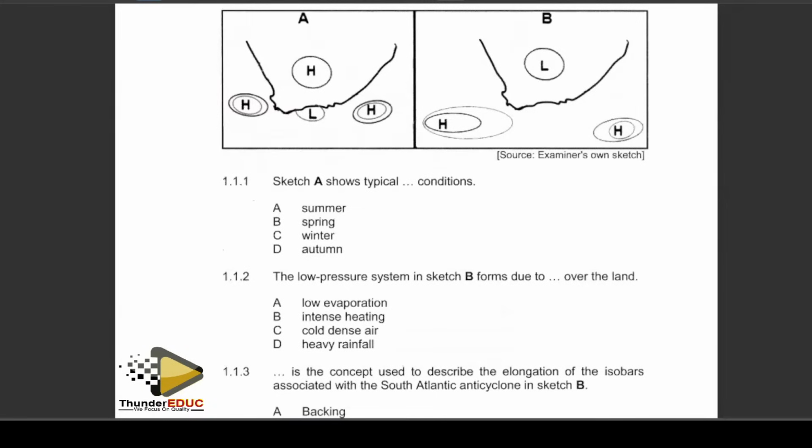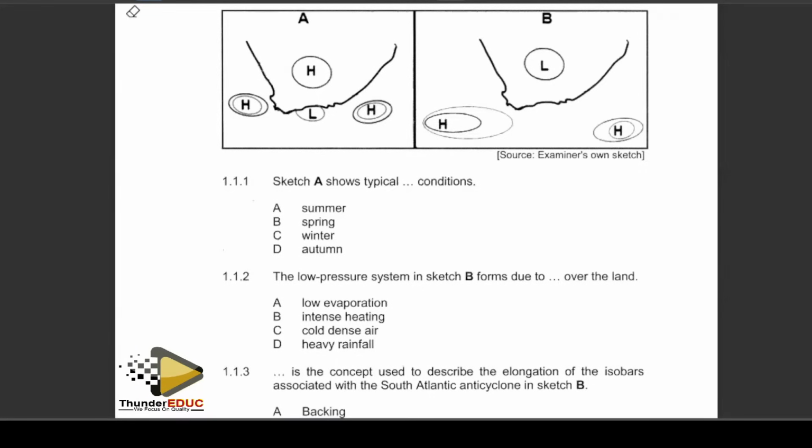And also before I forget, the coastal low, you must also know its characteristic. It's a typical low pressure cell that exists along the coast, which moves from the western coast going to the eastern coast and dissipates around Mozambique there. That is the movement of the coastal low pressure cell. Right, they move from west going to the east along the coast.